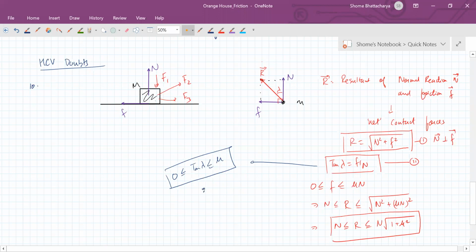So that is the same thing as saying that lambda is less than or equal to tan inverse of mu. So the maximum thing that we can get is tan inverse mu.